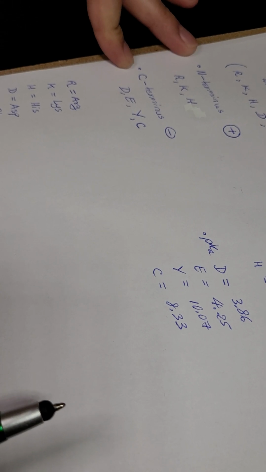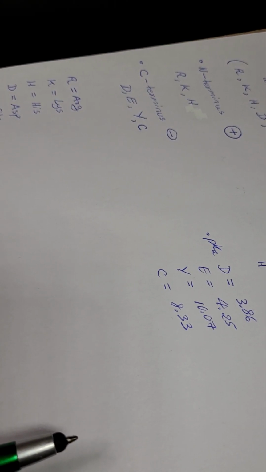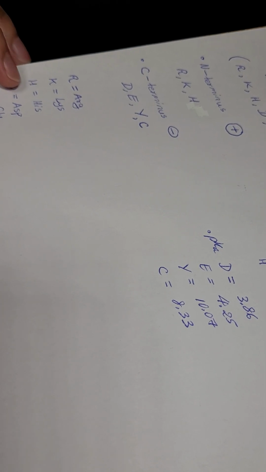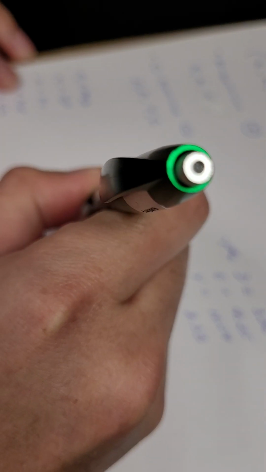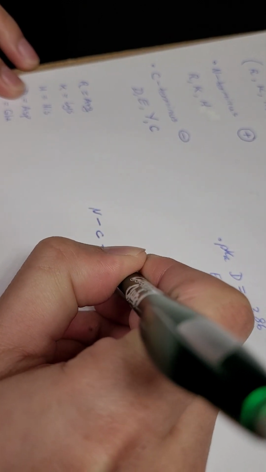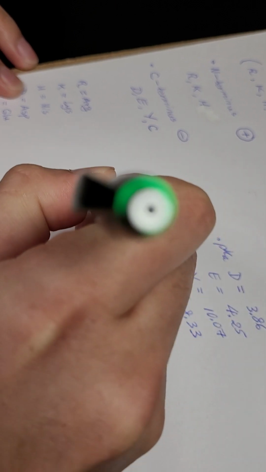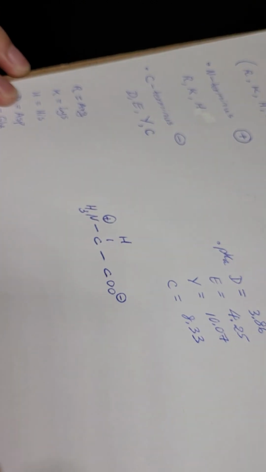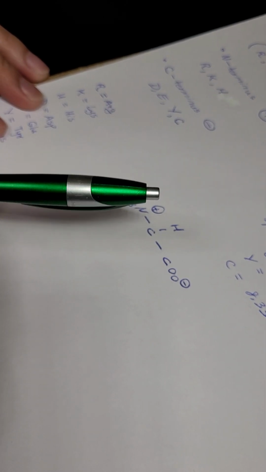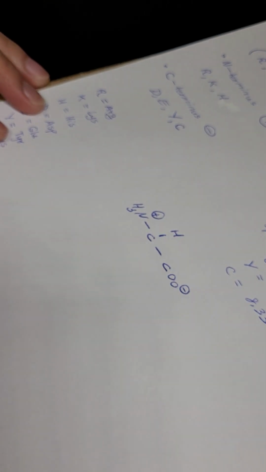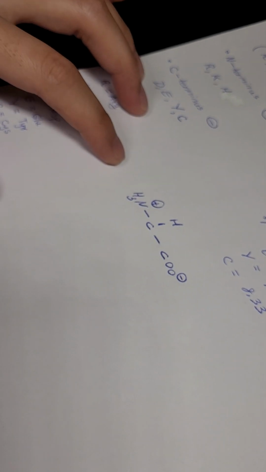In the old video, I gave you the concept of peptide. We learned from the beginning the 20 amino acids.